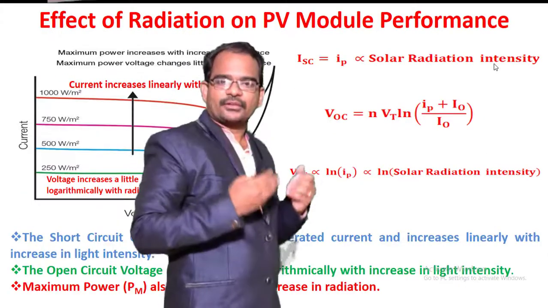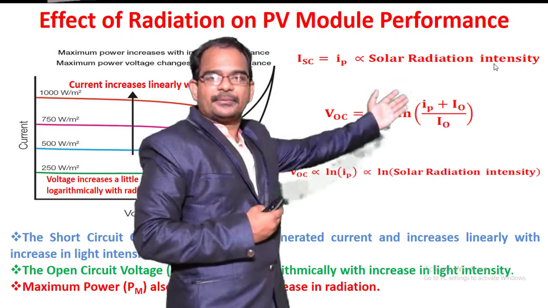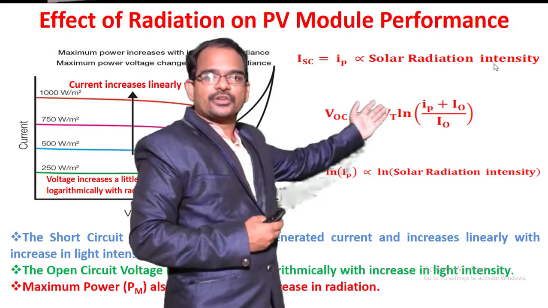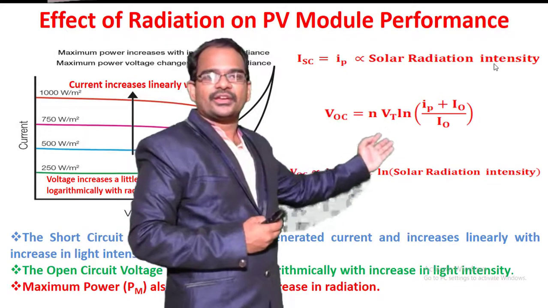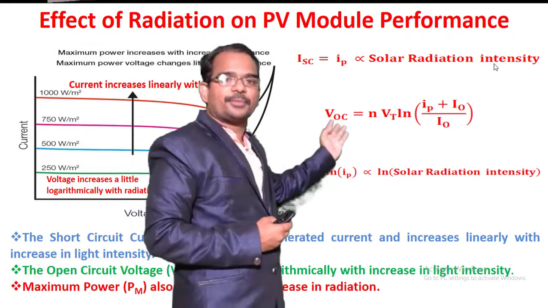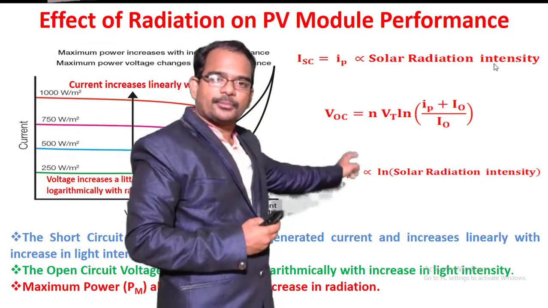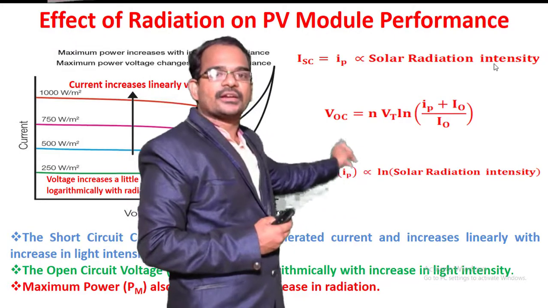Now let's see the effect of solar radiation on PV module performance. You can clearly see here that ISC, the short circuit current, is directly proportional to the solar radiation intensity. What is the open circuit voltage? VOC = nVT ln((Ip + I0)/I0), and thereby the VOC is proportional to the logarithm of the photon current, and this photon current is proportional to solar radiation intensity.